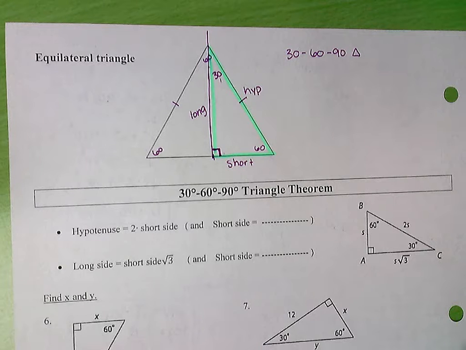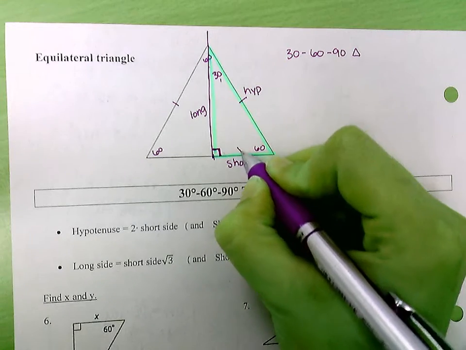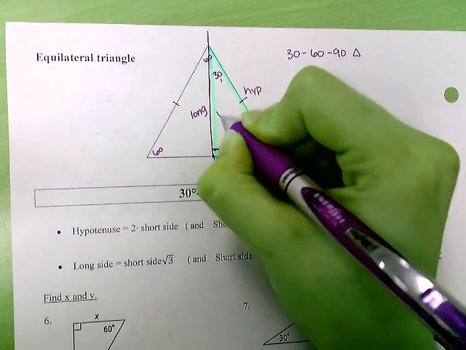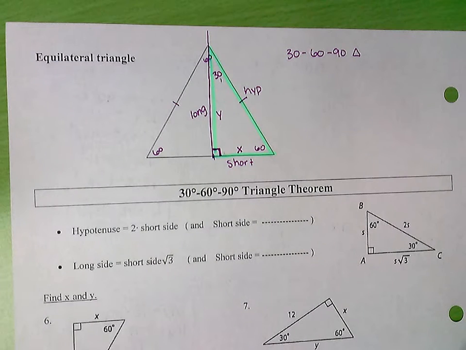So we do need to make up a rule just like we did on the front. Now I'm going to label this short side here as x. I'm going to label the long side y. Okay, they are different lengths, so we have different variables.